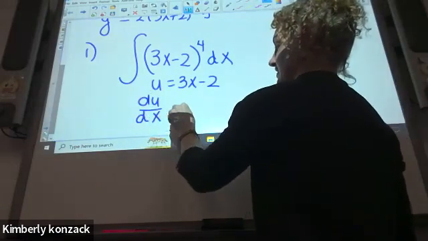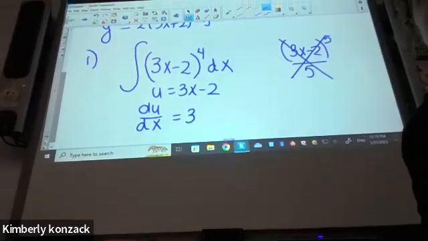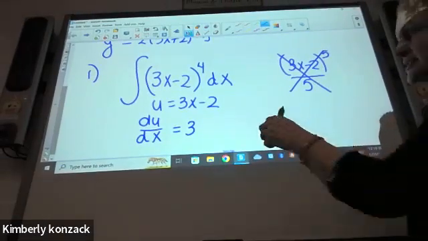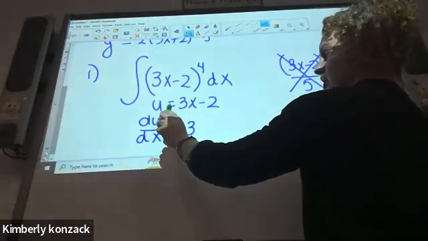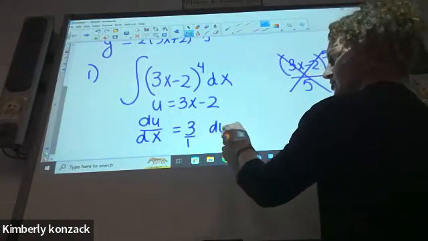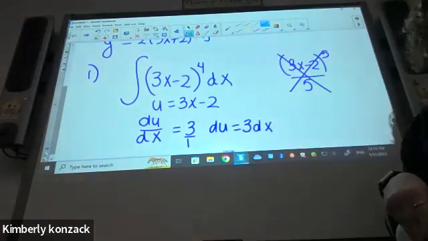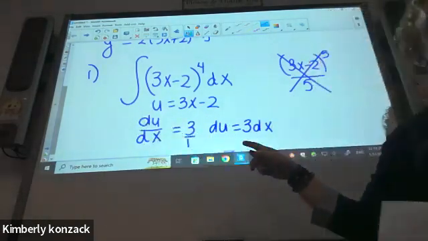So du dx is 3. You're going to see me in a second go from this to always just writing it as du equals 3 dx. You see how I can just cross multiply there?